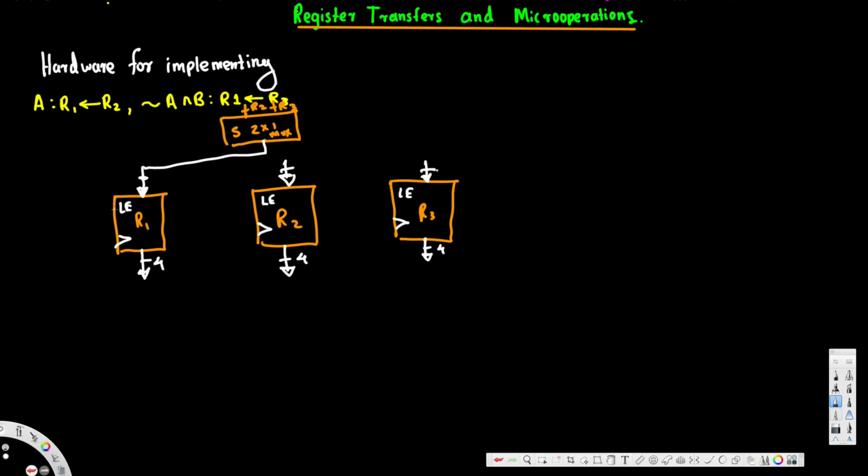Now here we are going to have an OR gate connected to this load enabled. This is A or B. Now this one is connected to A not and B. That one goes to an AND gate right here.